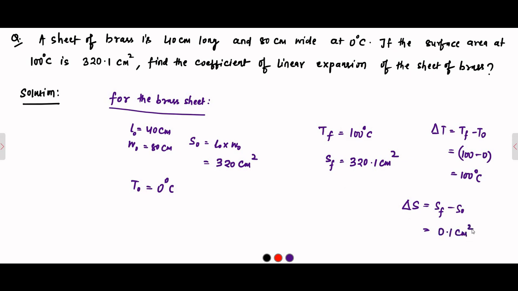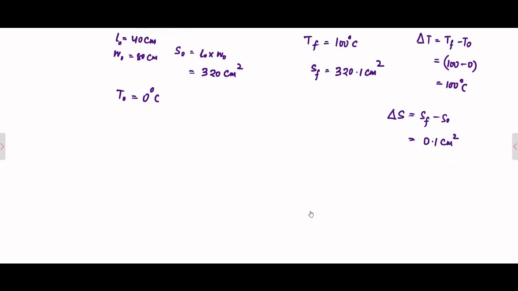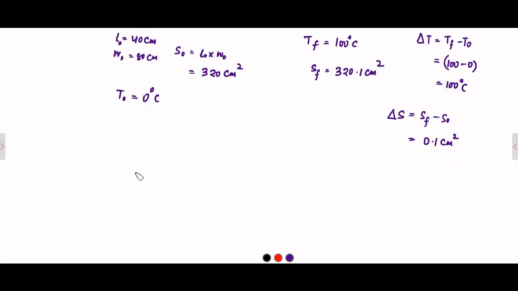Now if we remember, we discussed the surface expansion. In that, the change in surface area of a material is equal to the surface expansion coefficient beta multiplied with the initial surface area and the change in temperature. So here our objective is to determine the surface expansion coefficient beta.